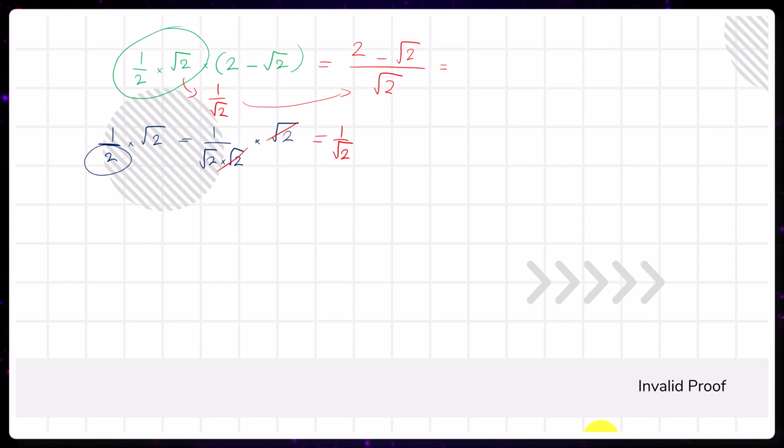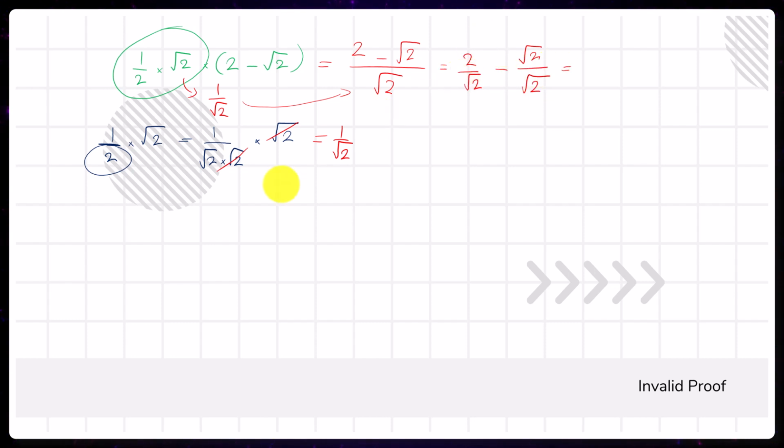Again, I'm just writing this down to show you how I would do it in my mind. You won't need to write this down when you are calculating this. With practice, you can simply do this in your mind. So just separate this division like this, square root of 2 and square root of 2.